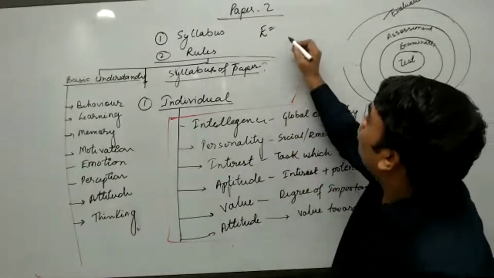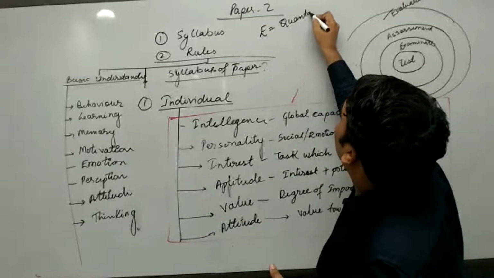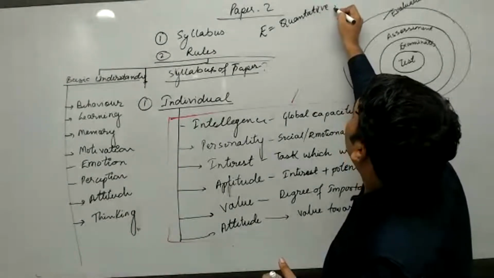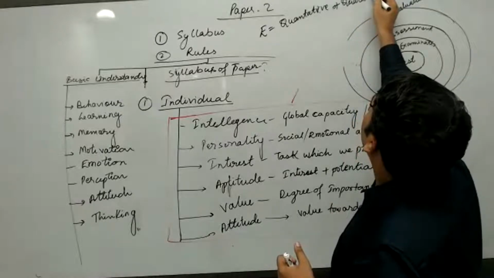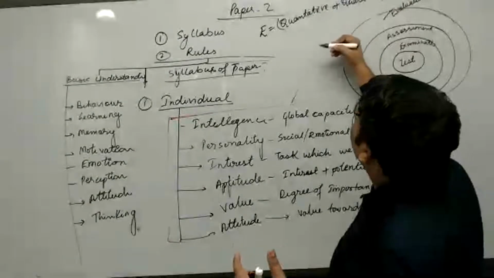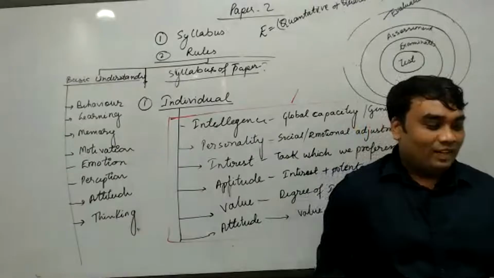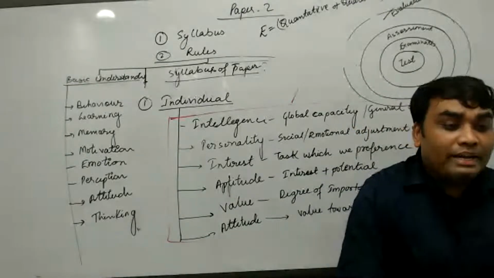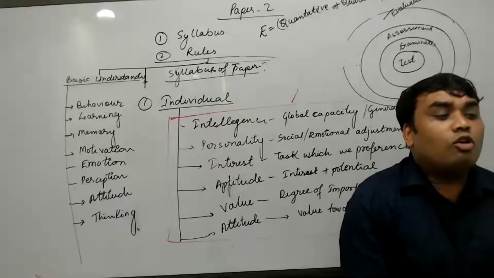E is equal to quantitative plus qualitative measurement of behavior. It means we are measuring both the quantification and qualification of human behavior.